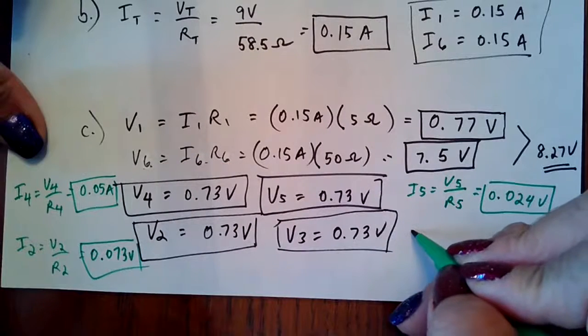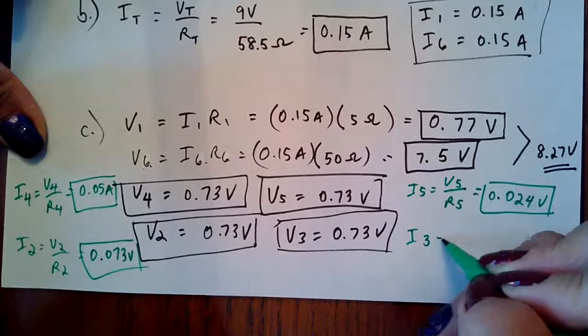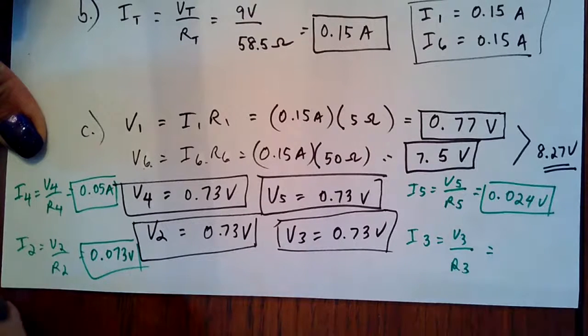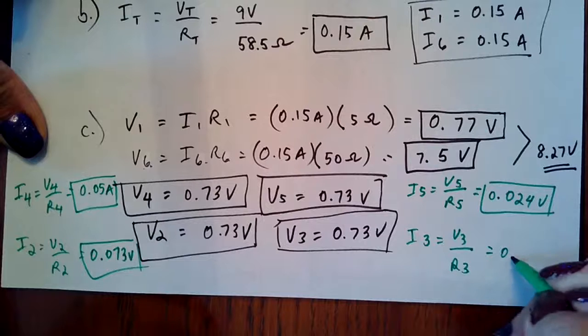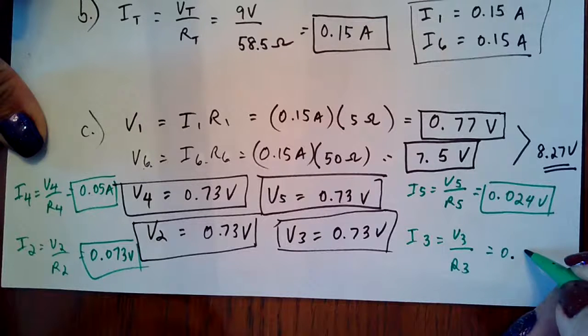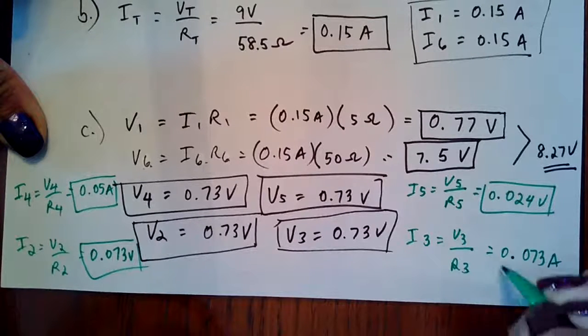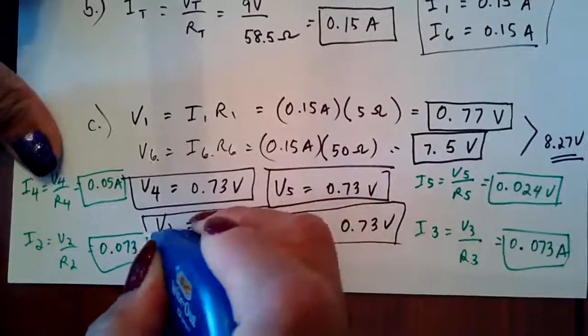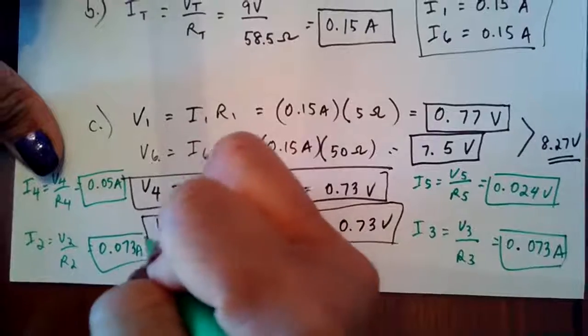And lastly, the I3 is V3 over R3. The V is 0.73 volts divided by R3 is 10. And you get, again, 0.073 amps. And I wrote down volts here. So this should be amps for the current.